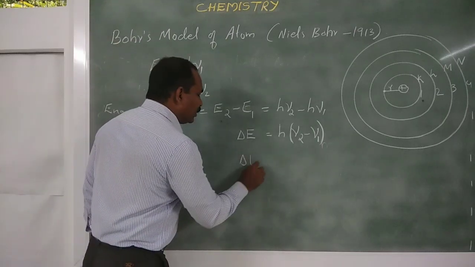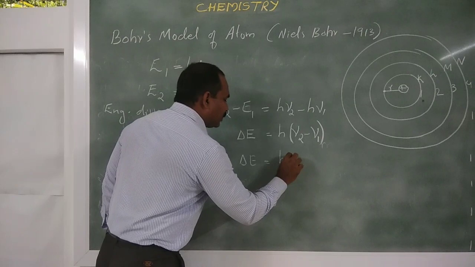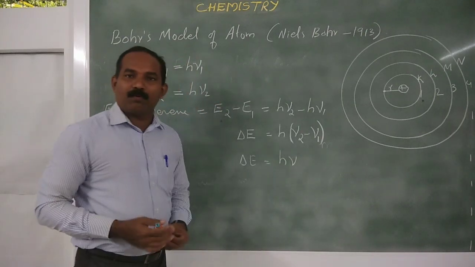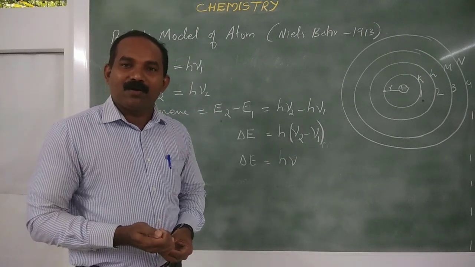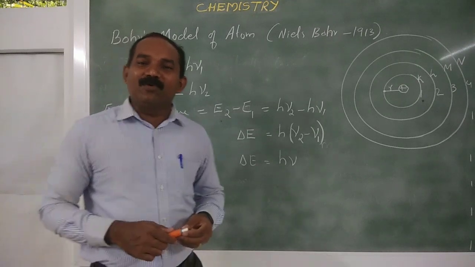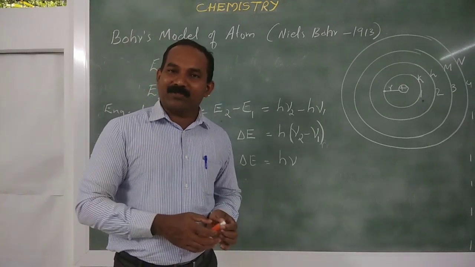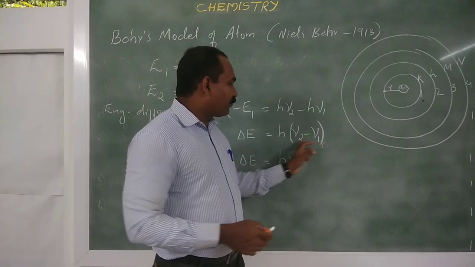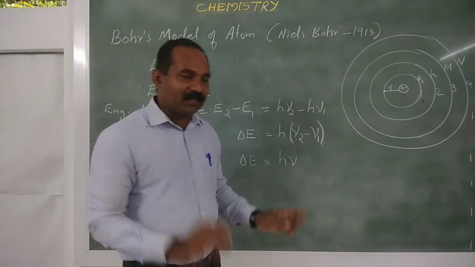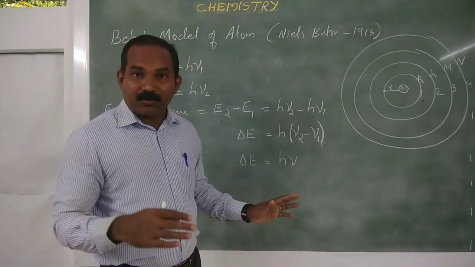Then delta E is equal to h nu. Why? The difference between two frequencies gives another frequency. The difference of frequency is a frequency itself, or you can write it as nu 3, no problem.